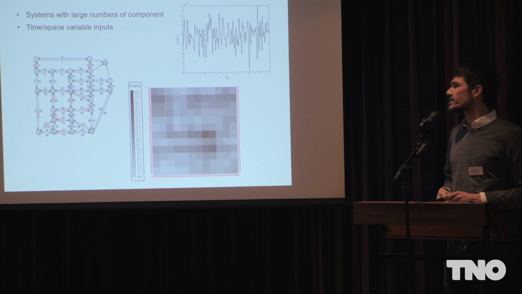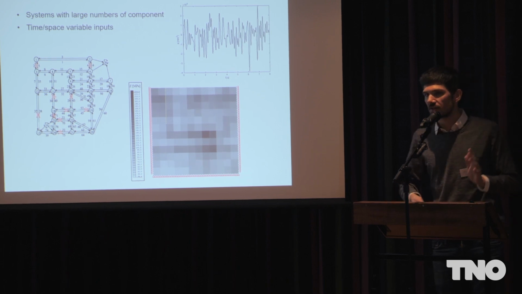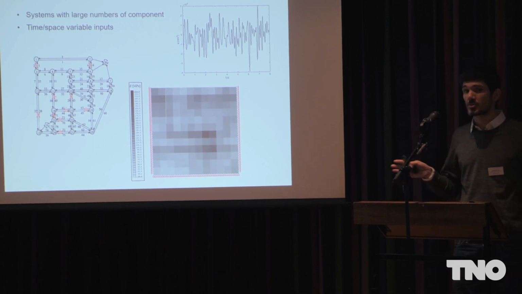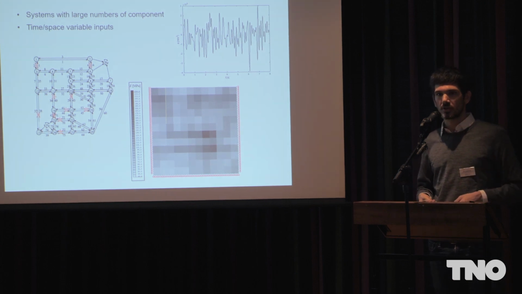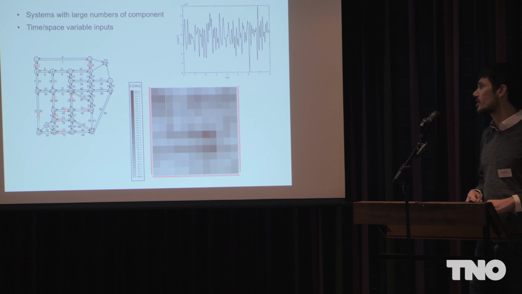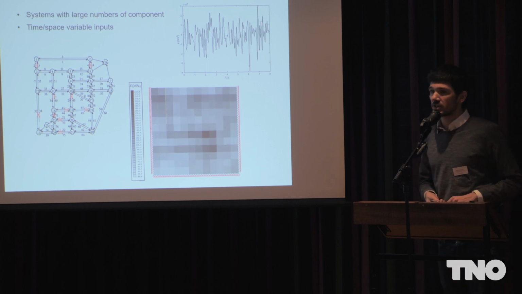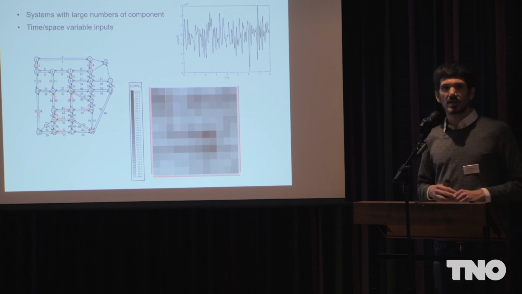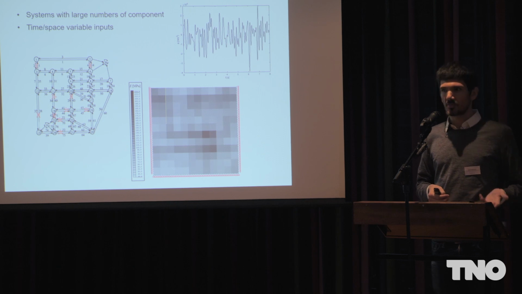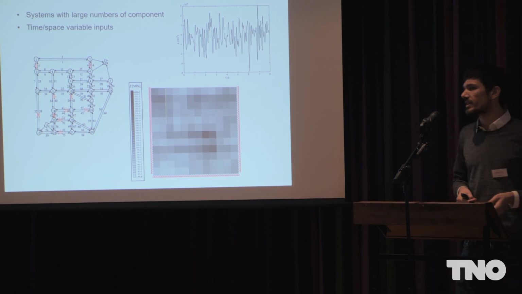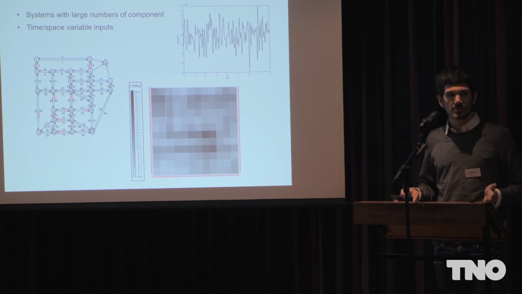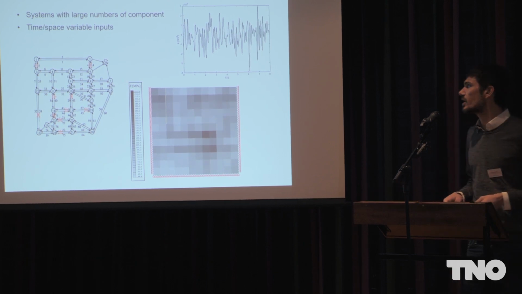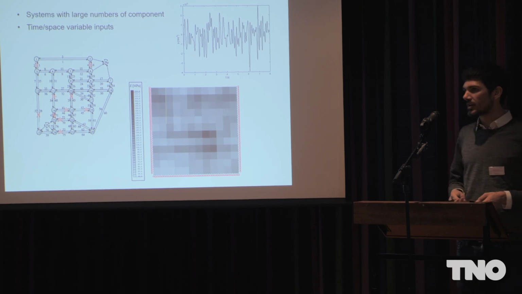We can have systems, either structural or infrastructure systems, with large numbers of components. In such cases, we might end up with thousands of components, thousands of random variables. And also in cases where our input includes spatial or time variability. In such cases, we are dealing with random functions, and these random functions have to be discretized to a finite number of random variables.